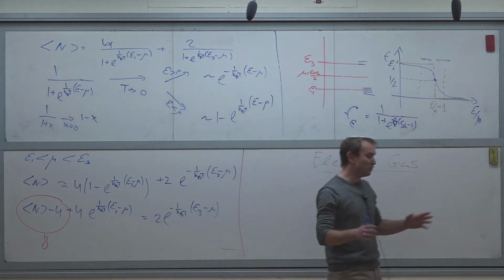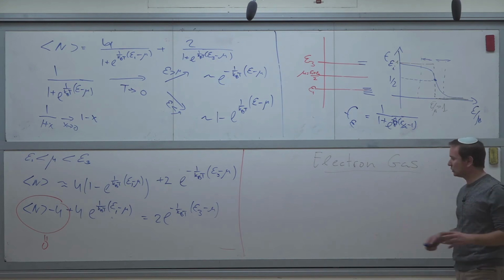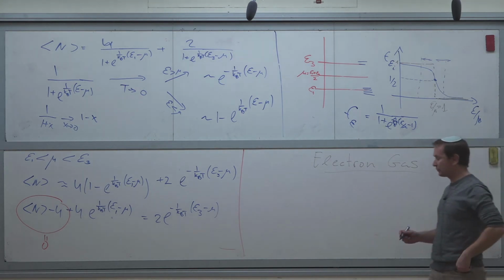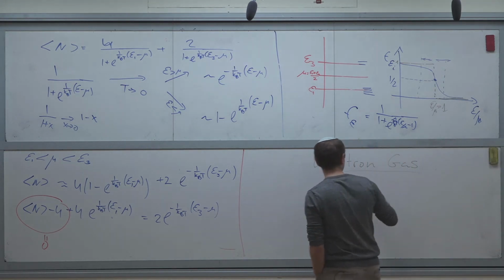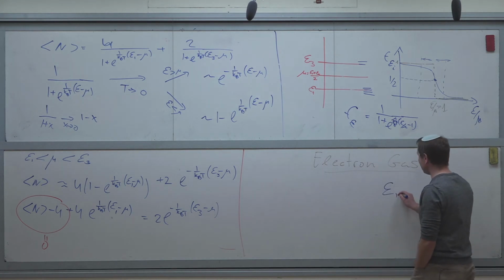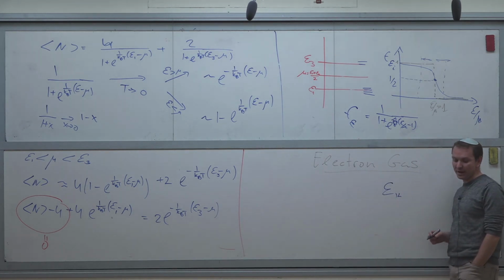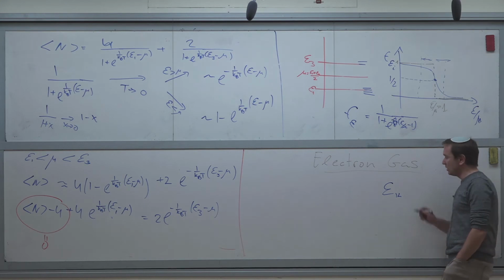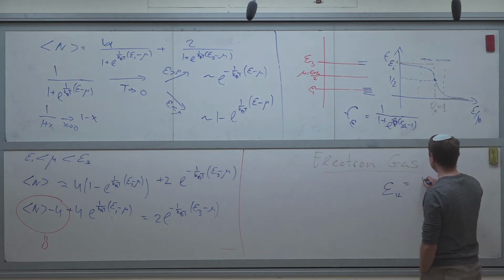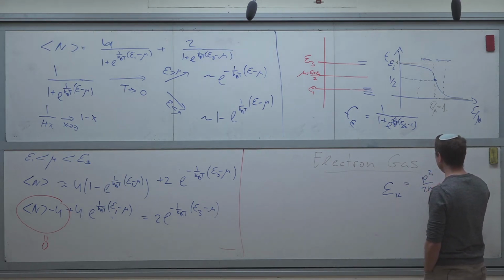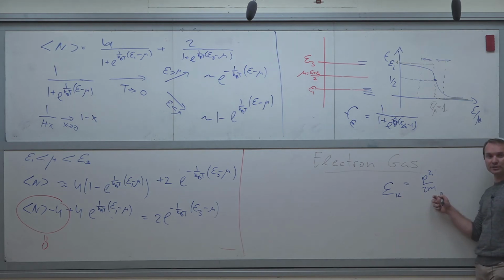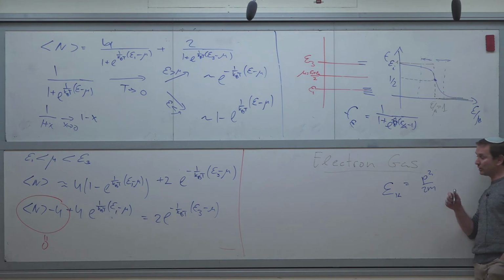We have many electrons. All the electrons are free. So the energies are dictated by the k number of each electron and are simply provided to us by p squared divided by 2m. All the electrons are free, so there is only kinetic energy for each electron, okay?